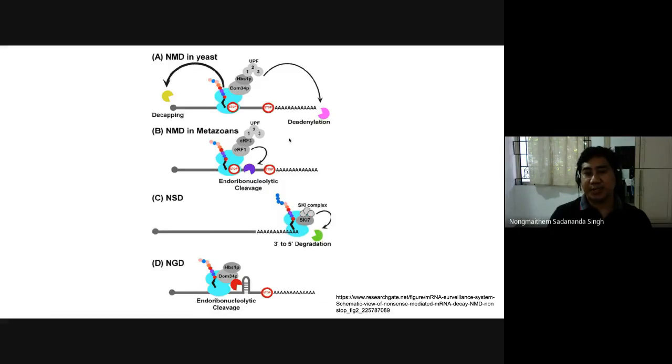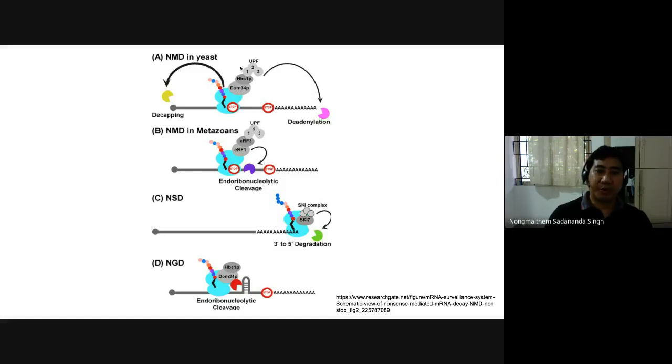In the case of prokaryotes, when the ribosome is stuck at the mRNA and there is no stop codon, there is an RNA factor called tmRNA or ssRNA that comes and rescues the ribosome by allowing translation to go further and terminating with a stop codon.